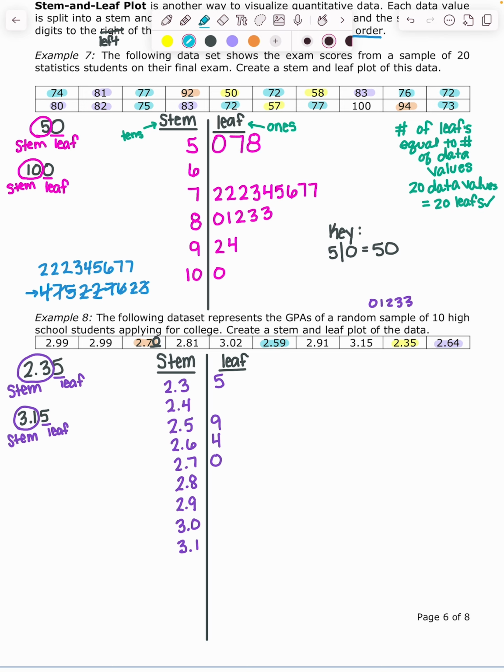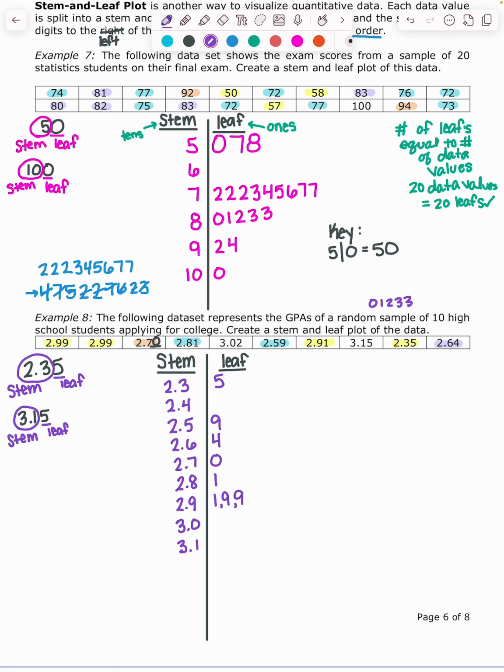All right, 2.8, 2.81. Okay, there's a whole lot of ones in this one, like only one leaf. I think we're finally going to get to do something exciting here. 2.99, 2.99, and 2.91. Woo! So 2.91, and then we have two 2.99s. Now, I'll make a comment here.